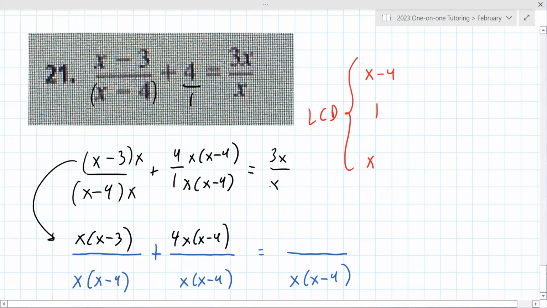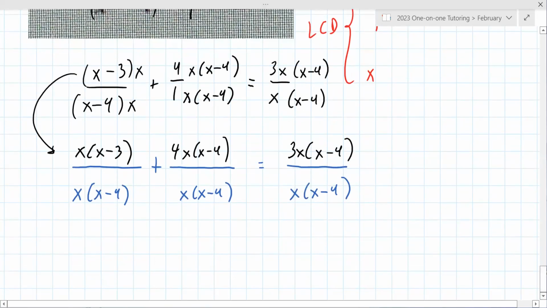The problems get longer, more writing. So leave yourself plenty of room when you're working on these. The last one here, the x is missing an x minus 4. So it's 3x times x minus 4, like that. It looks really bad, but the bottoms are now the same.